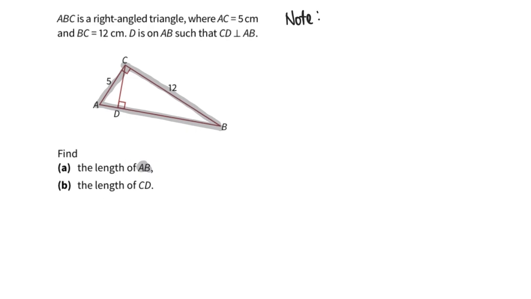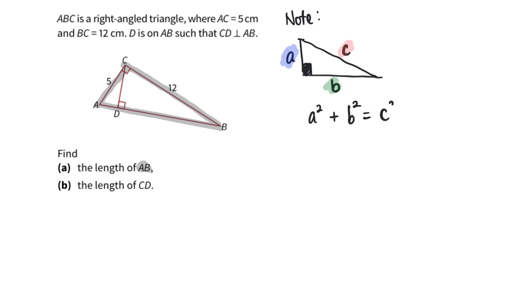To take note is that given any right angle triangle, where this is length A, B, and C, then do take note that if I square A and square B and I sum that up, they should give me back my C square. So this is something that we could apply in this particular question, since they give me a right angle triangle.